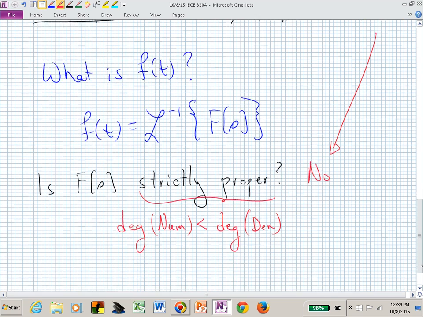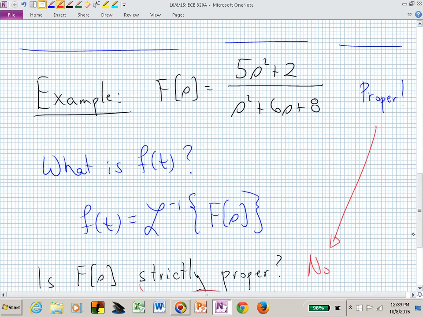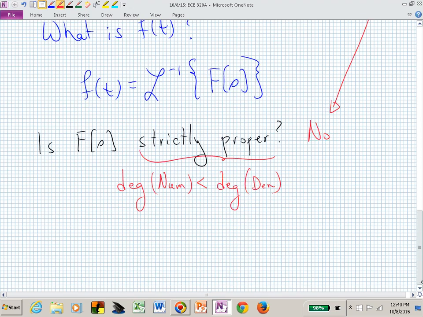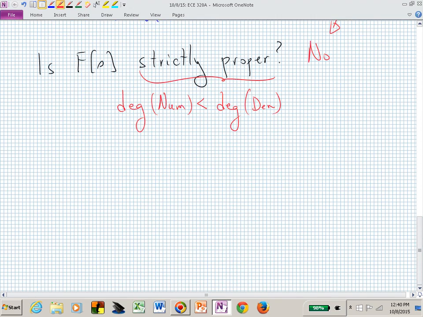Because it is not strictly proper, now what do we do? What's our first step in this inverse Laplace transform process? We have to do long division. You could do synthetic division, but I'm going to call it long division because it's easier to keep track of.